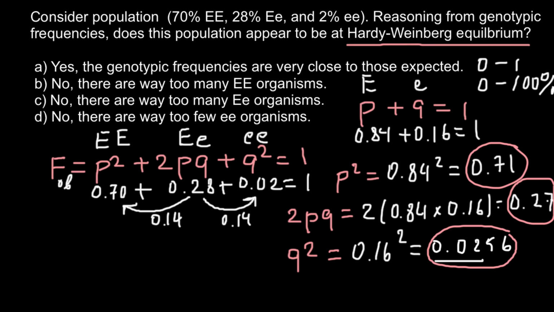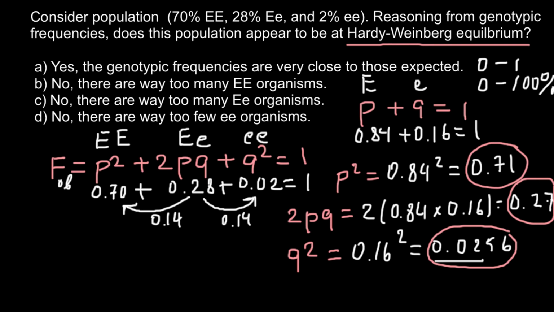And as you see, the frequencies also are very close. So the number of observed heterozygous organisms equals 28%, and we see here the expected number is 27, and here we have 0.02 or 2%, and here we have 2.5%, a number that is very close to this number also.